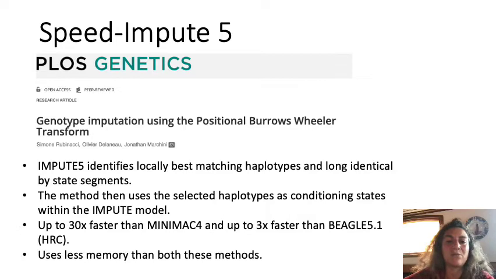It does memory-efficient imputation by selecting haplotypes using the positional Burrows-Wheeler transform. Using the HRC reference panel, the developers of the software showed that Impute 5 is up to 30 times faster than Minimac 4 and up to 3 times faster than Beagle 5.1, and uses less memory than both of these methods.